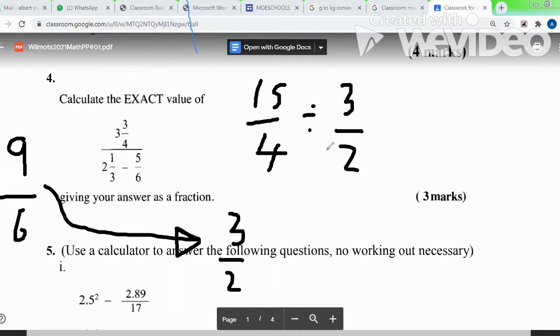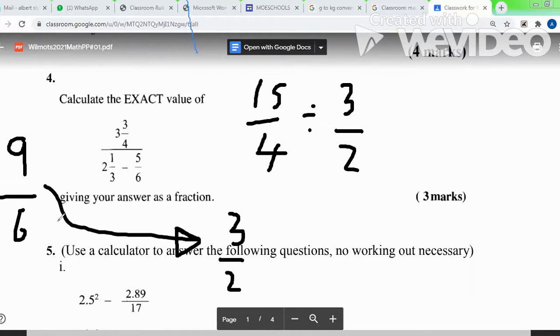Sorry, because what I have is totally different, right? I just want to know where the 3 over 2 came from, to ensure that I'm following correctly. Do you have 9 over 6?